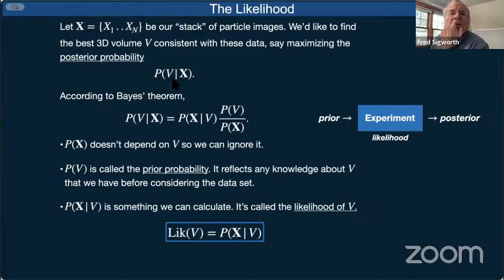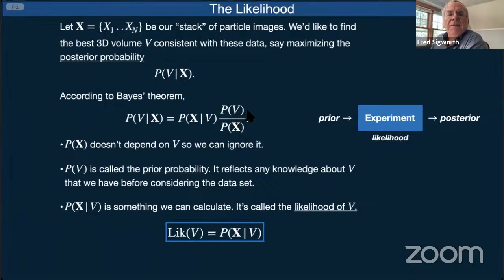So we want to find the volume that maximizes this probability. Now, in statistics, Bayes' theorem says that the probability of the volume given the data is the same as the probability of the data given the volume times these two probabilities.